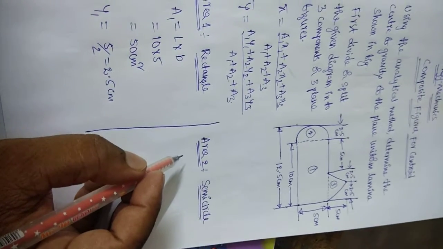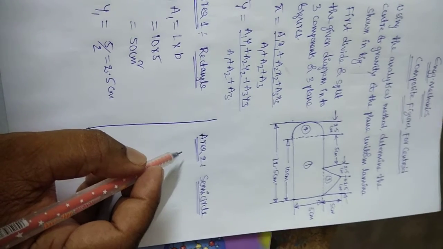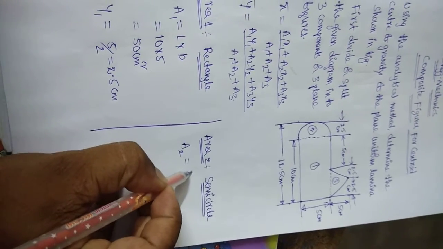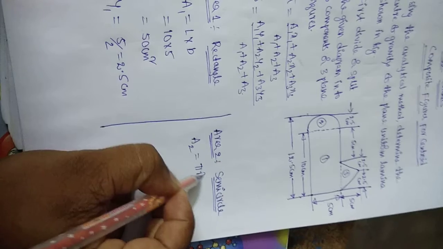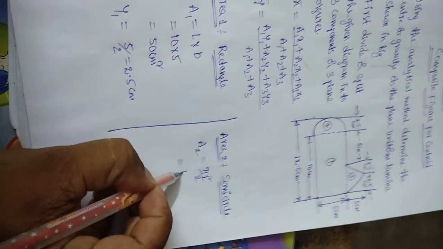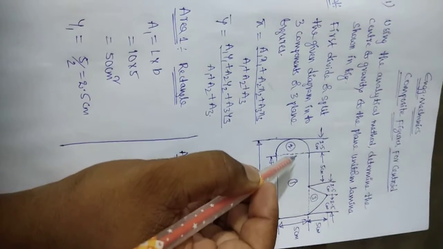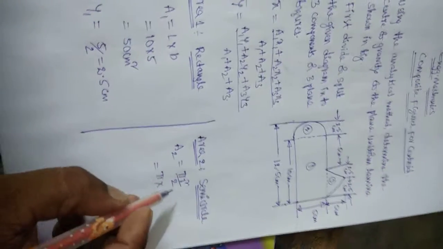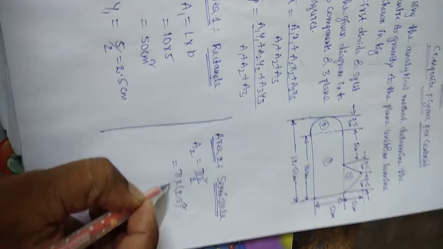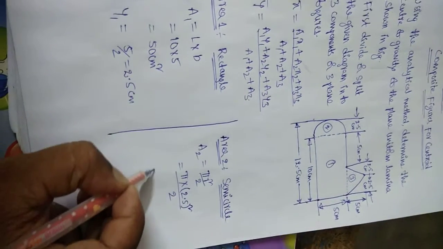For calculating the semicircle we have the equation A2 is equal to pi r square by 2. Pi into the radius, which is 2.5, whole square by 2.